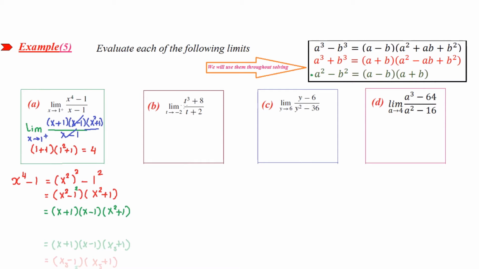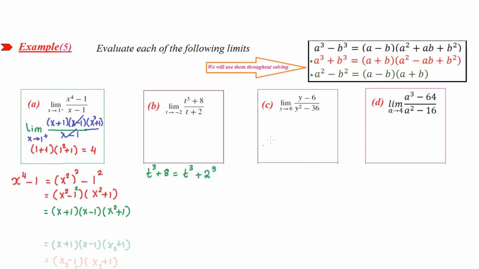For the second question, part B, we have t power 3 plus 8. So you have to use sum of two cubes, which is the second one. So t to the power 3 plus 8, you have to write it firstly as t power 3 plus 2 to the power 3.